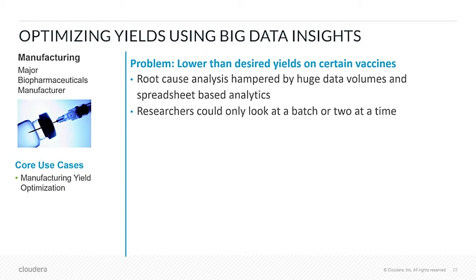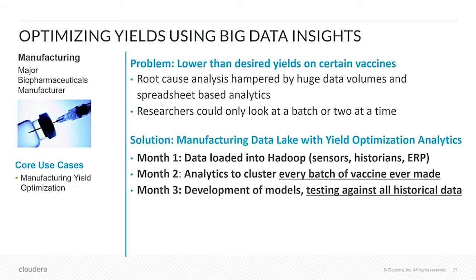And in manufacturing vaccines, the manufacturing process consists of literally thousands of factors. It could be the strength of the ingredients, it could be the temperature, the humidity. So figuring out which of those many different manufacturing factors correlated to yield outcome was really difficult.